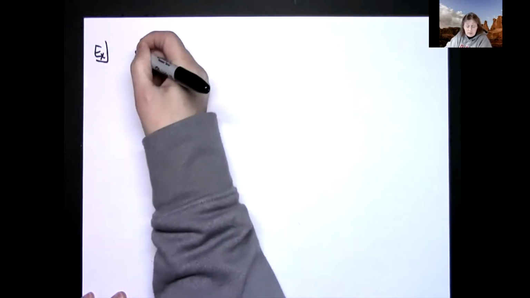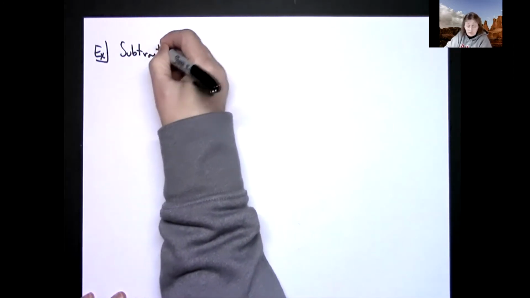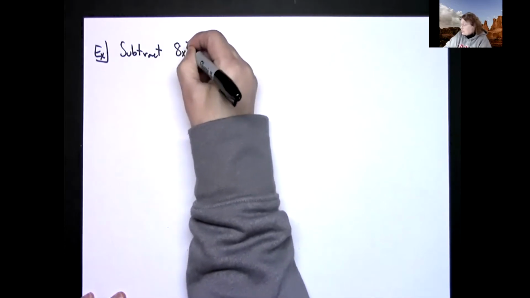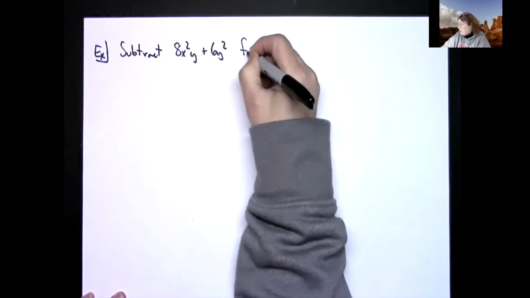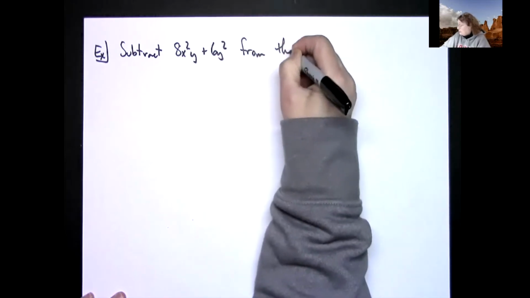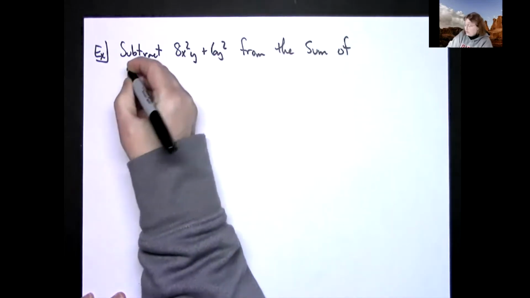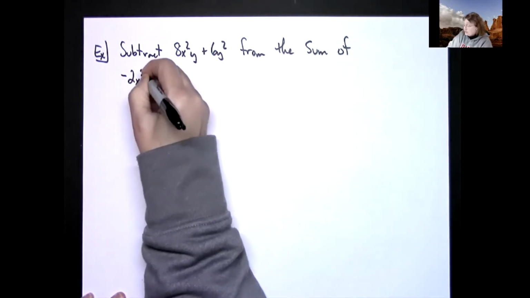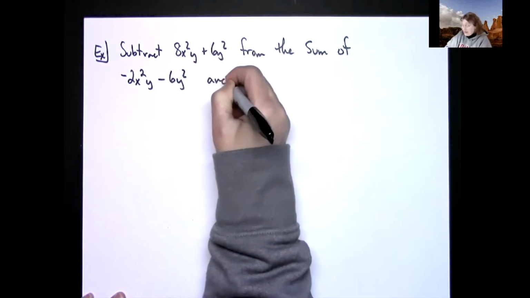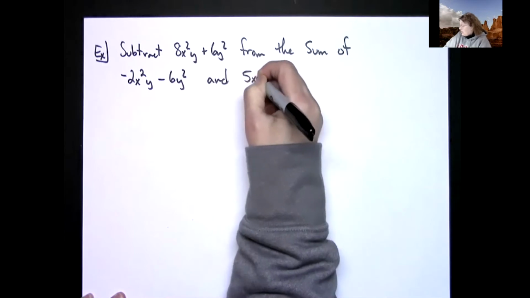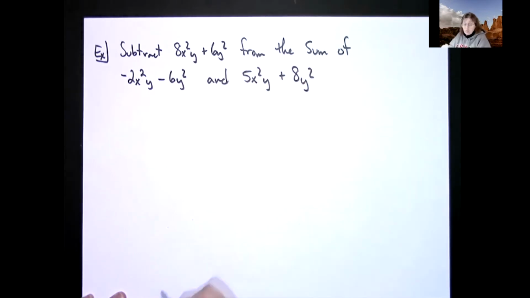All right, so they may say something like subtract 8x squared y plus 6y from the sum of a negative 2x squared y minus 6y squared and a 5x squared y plus an 8y squared.